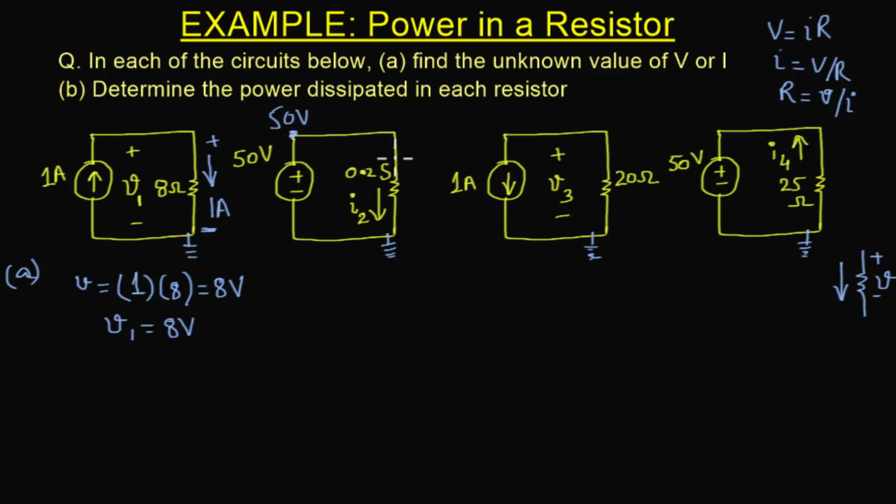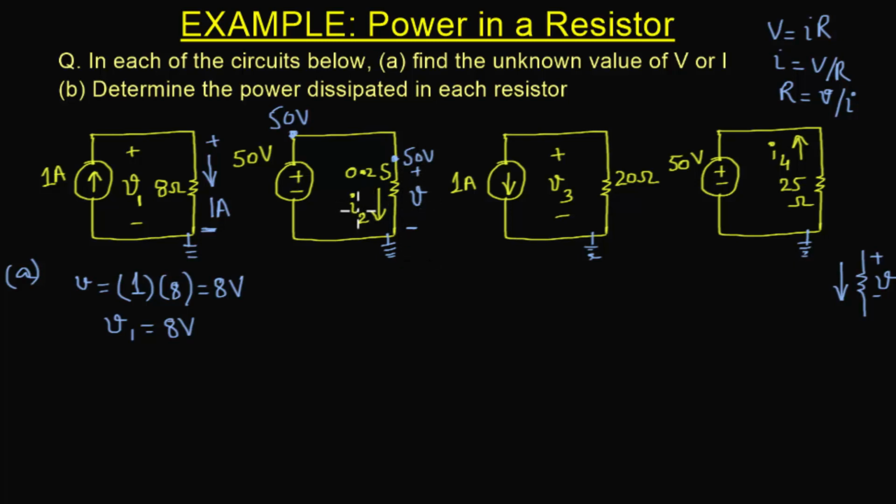And since this is the same conductor, this is also going to be 50 volts all the way until this resistor. Now this is 0 volts, this is 50 volts, so we know that this is the positive terminal across the resistor, this is the negative terminal. So the voltage across this resistor is 50 volts.